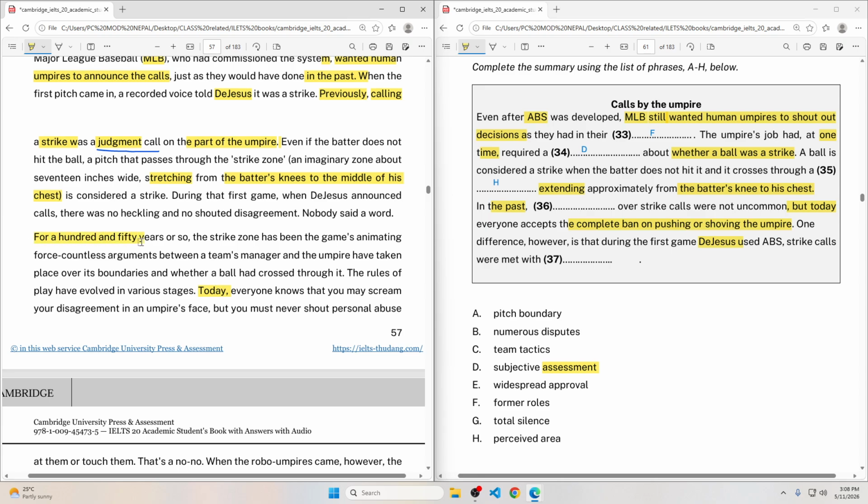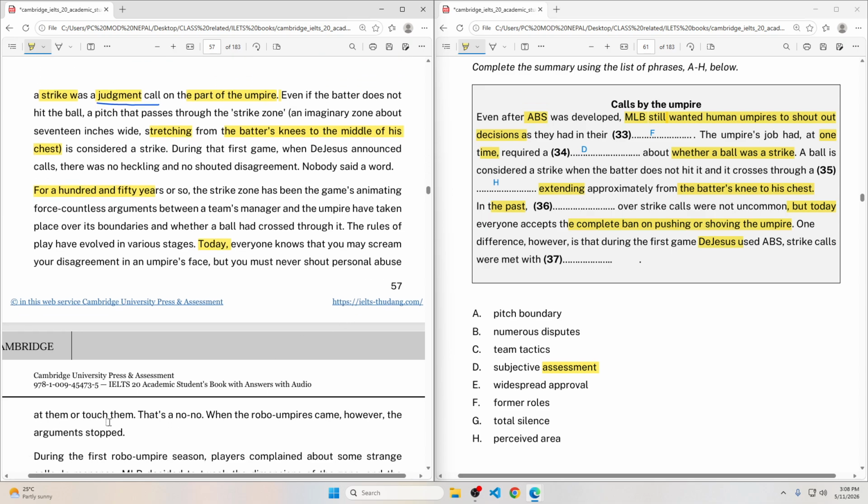Today, for 150 years, they are talking about bad treatment towards umpire, right? Disagreement in an umpire's face.